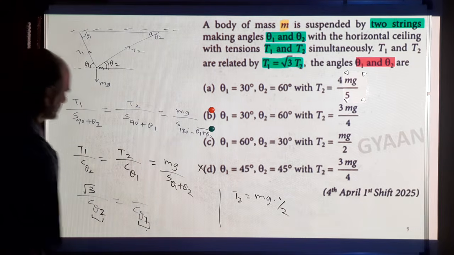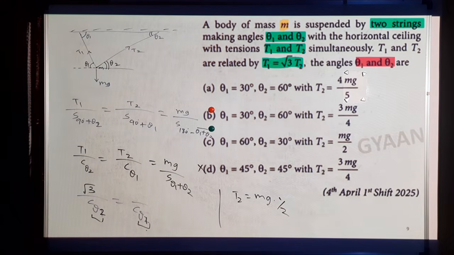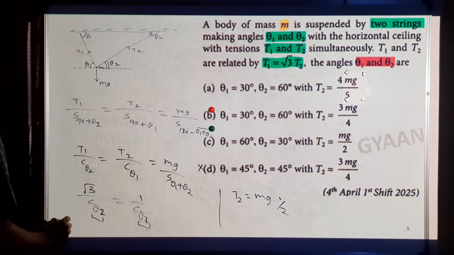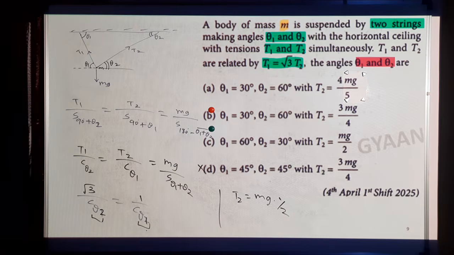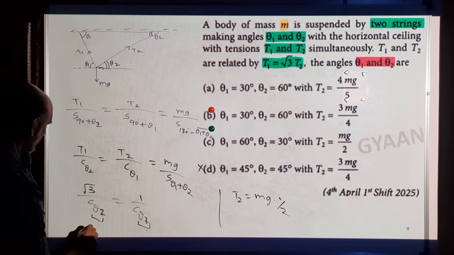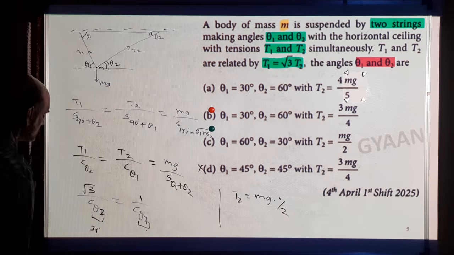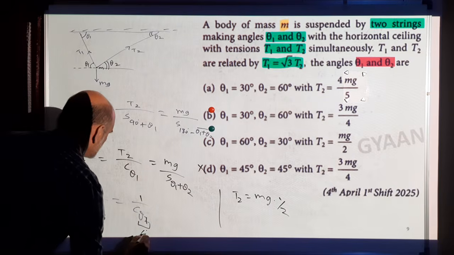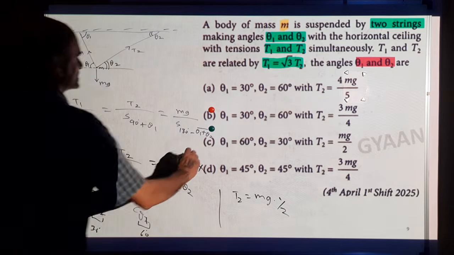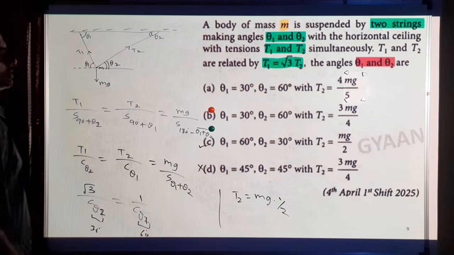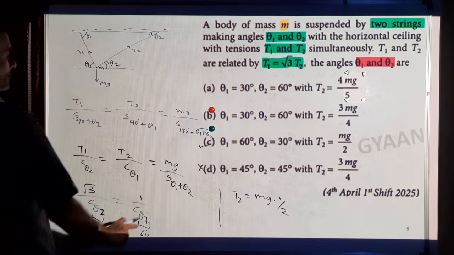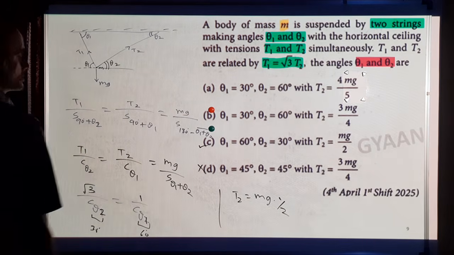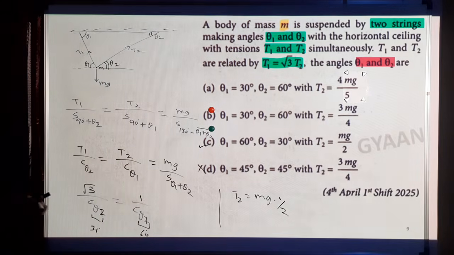So that means theta2 is 30 degrees, because cos 30 is root 3 by 2. Theta1 is 60 degrees. This is option C. A and B can be ruled out. And in that case, if you put theta1 plus theta2 equal to this one, you will get T2 as half mg.